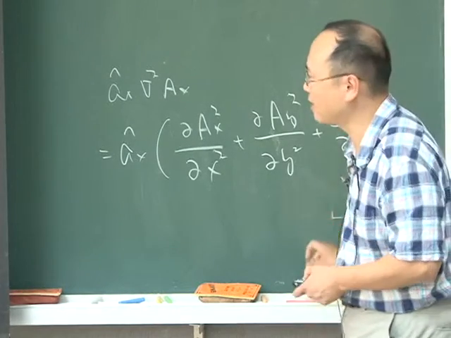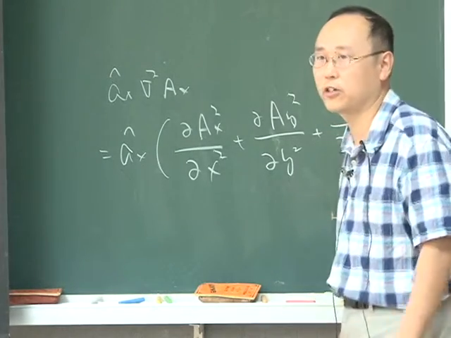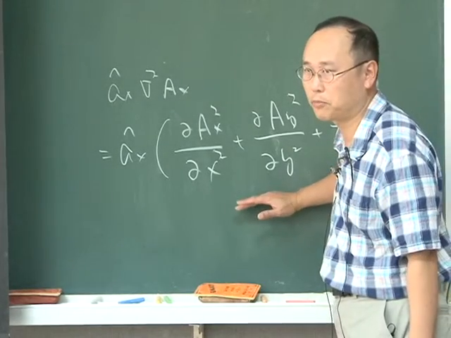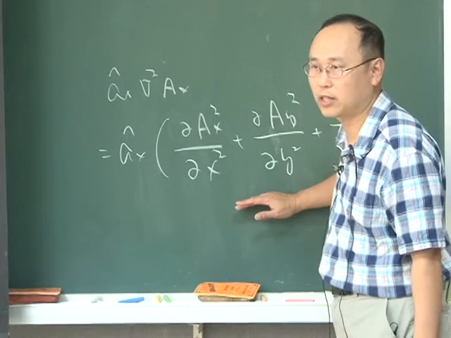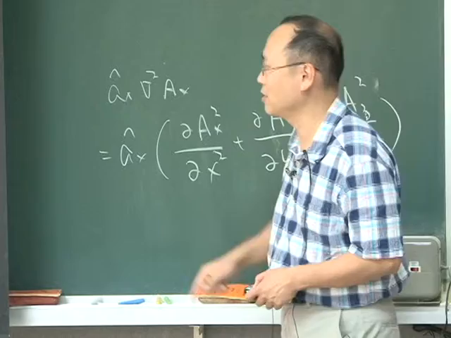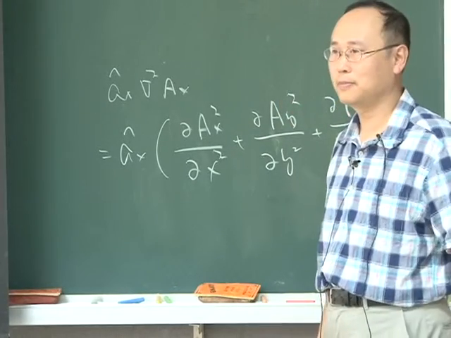And then you can expand the second component and then the third component. Okay. And this is your scalar Laplacian. But for the vector Laplacian, you have to calculate the three directions: x direction, y direction, and z direction.